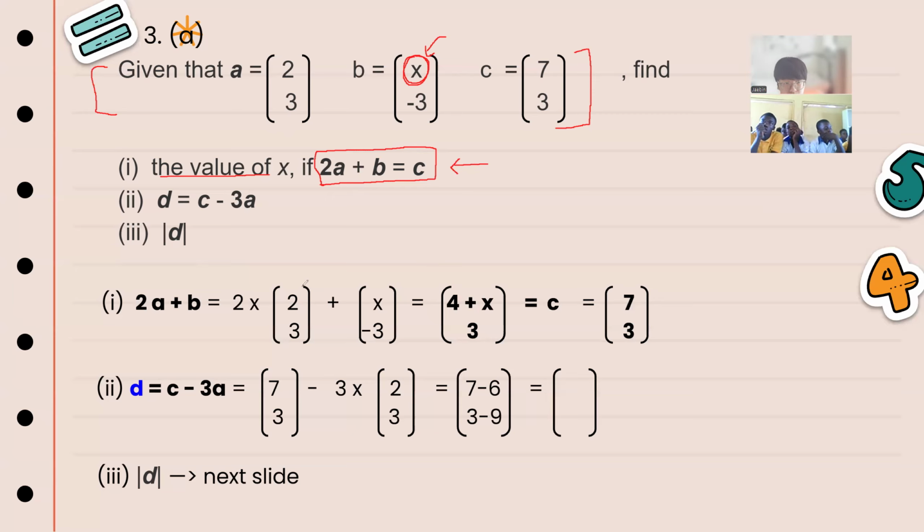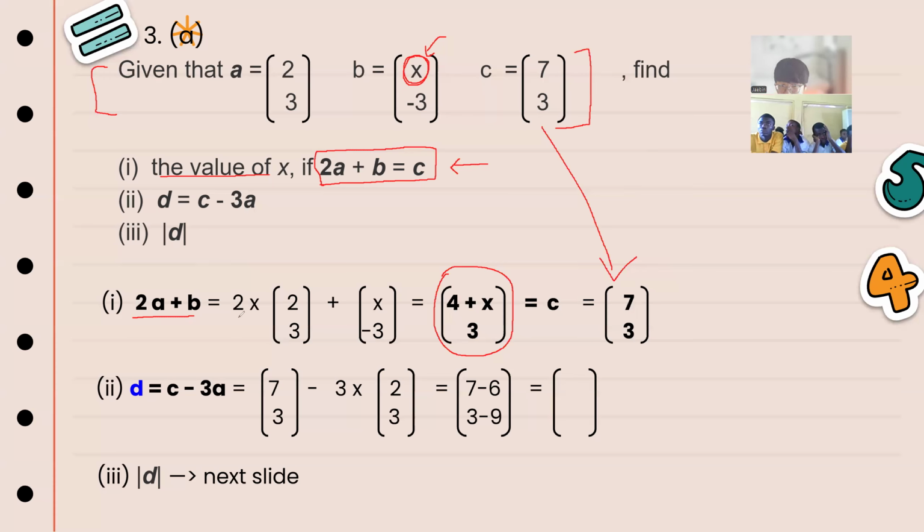I have set up the equation here: 2a plus b is equal to 2 times (2, 3) plus (1, x) times (-3)... and that should equal c, which is (7, 3). But if you add 2a plus b together, you get (4 plus x, 3).